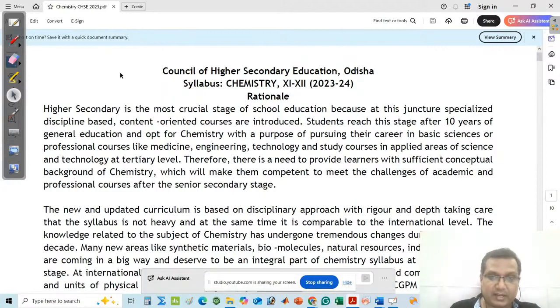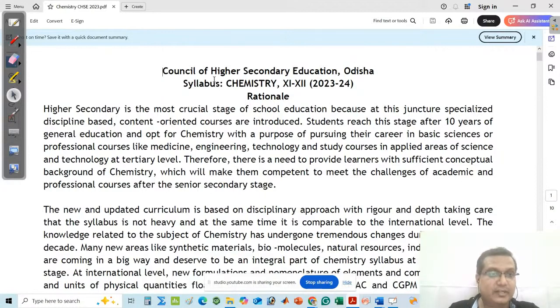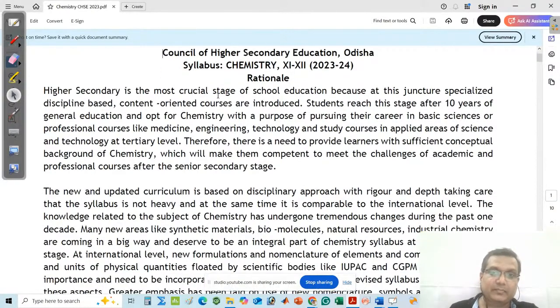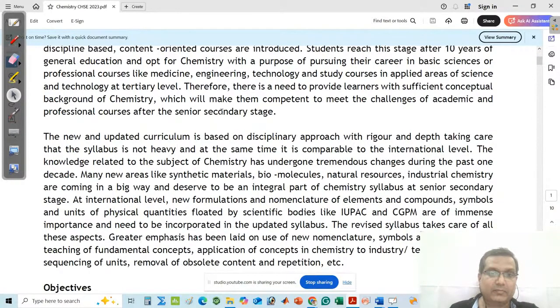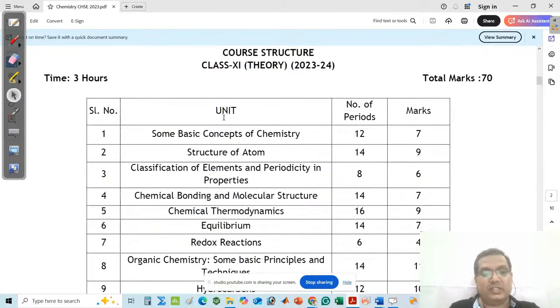This is the chemistry syllabus for both first year and second year students. This is the course pattern.